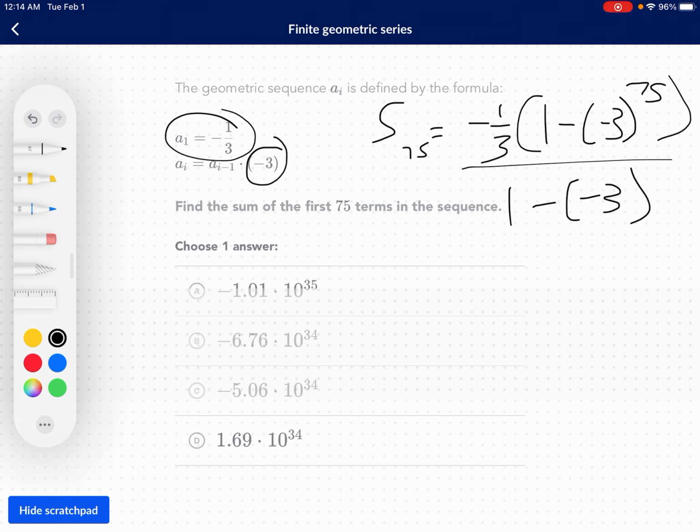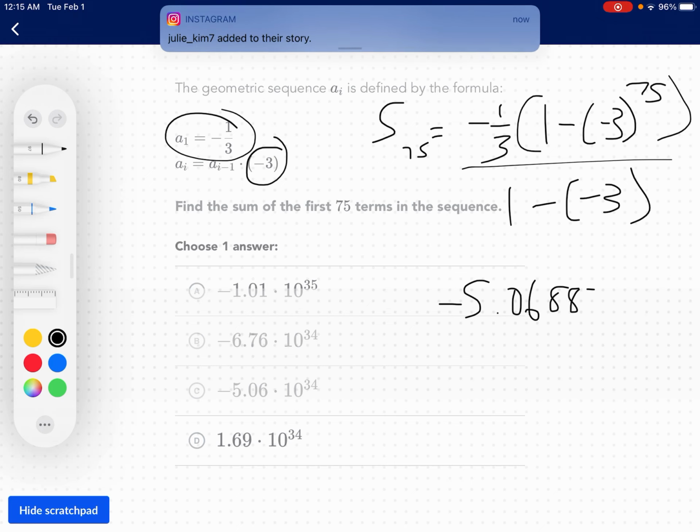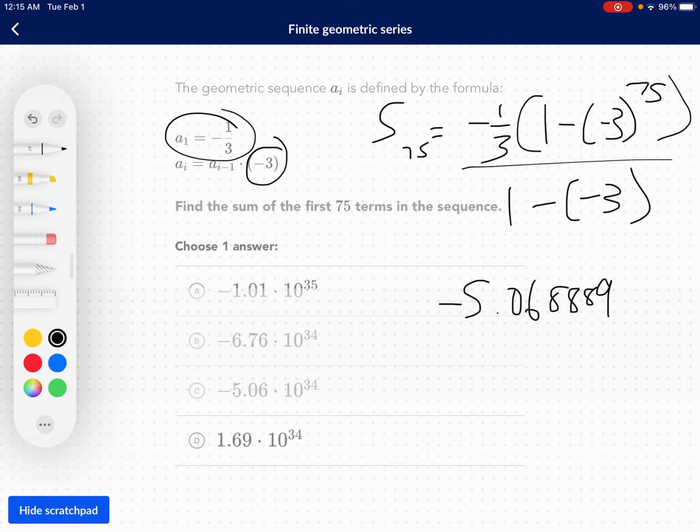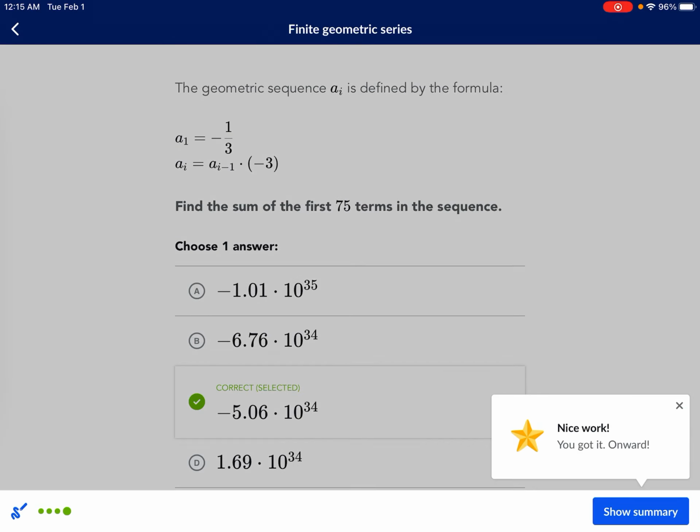Negative 1/3 times 1 minus negative 3 to the 75th power, close parentheses, and divide by 4. I get negative 5.06888899 to the 34th power. And that looks to be C.